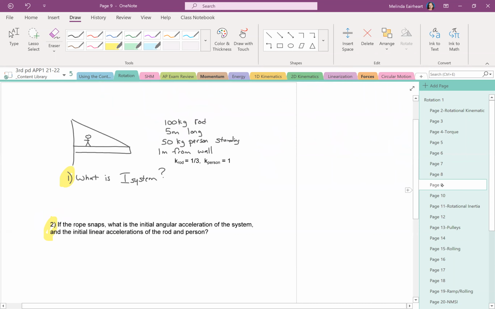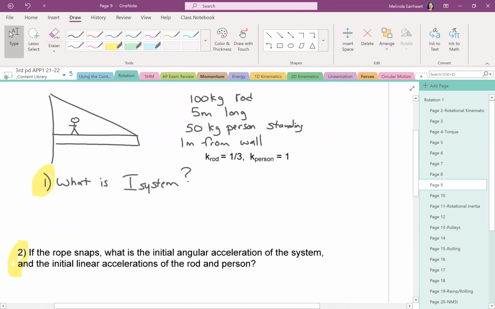So on page 9, we've got a person standing on a rod, a beam, okay? It's connected with a string, a cable of some kind. What is the inertia of the system? When y'all are done, just put them on the side over there. Okay. And so inertia of the system, the person has mass, the person has inertia, and the rod has it.